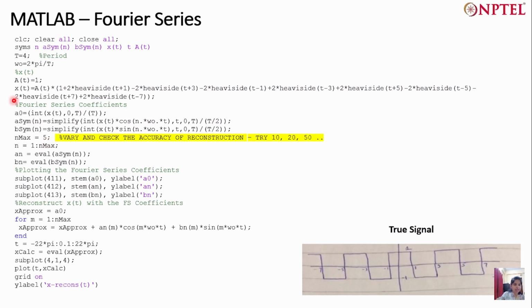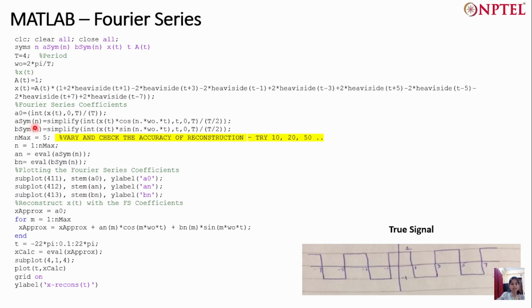So I have written what is x of t, and I have written the formula to find the Fourier series coefficient a naught, and then for odd terms, and then for even terms. For even terms it is this one, a sim of n. For odd terms it is b sim of n.